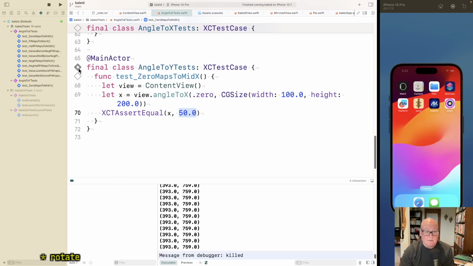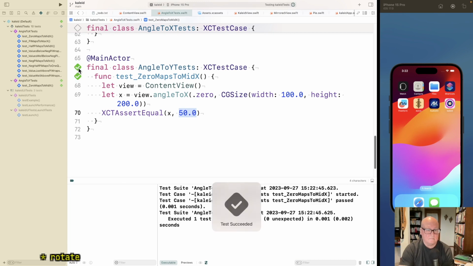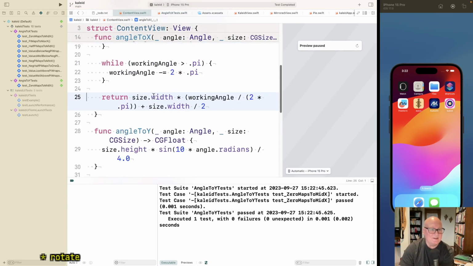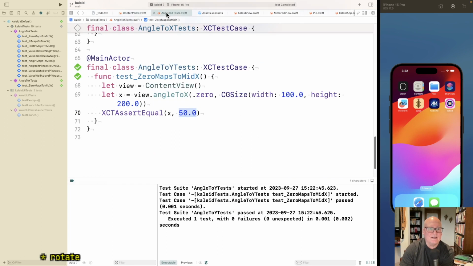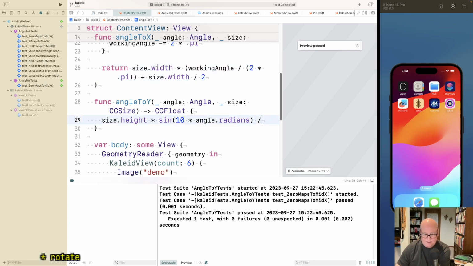All right, that should clearly fail. Okay. Well, I guess I want to know how this passed. Well, 10 times 0 is 0, so sine of 0 is 0, times the height is 200 divided by 4. This 4 is just randomly there and did the job.